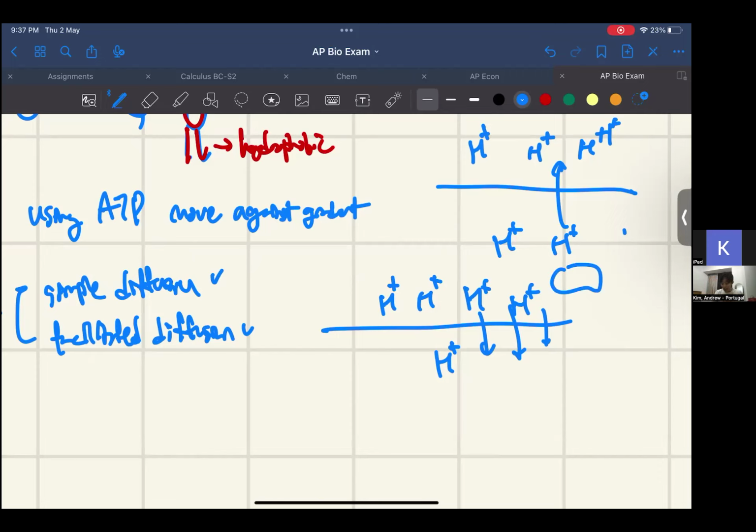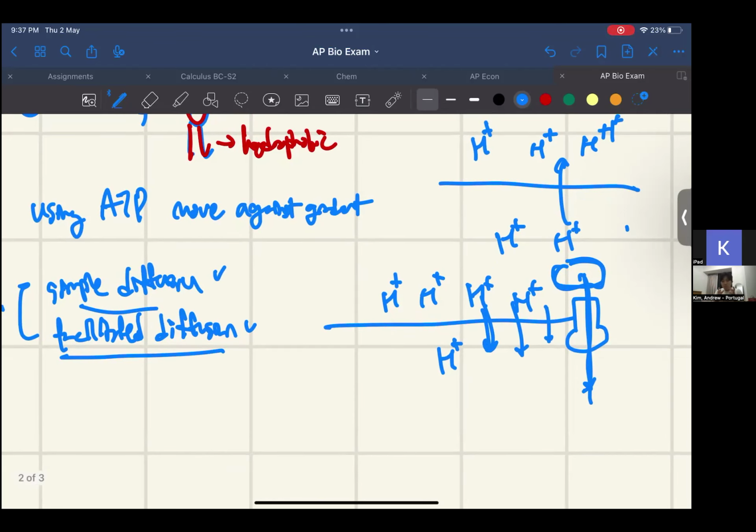So there are some proteins, some sites where these bigger components can move through so that the membrane does not have to rip. So facilitated diffusion is when components move through proteins, and simple diffusion is when components move simply through the membrane.